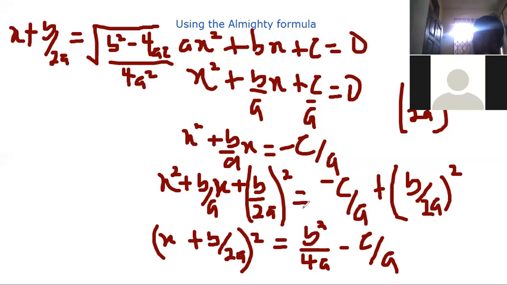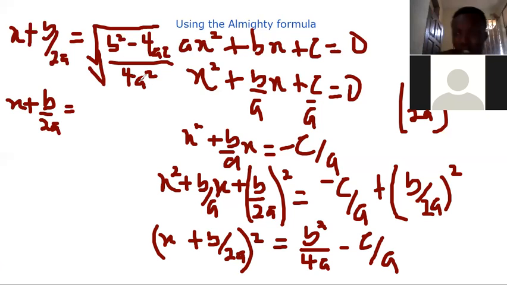When we take out the LCM, that is what we are going to get, all this in root. Now, x plus b all over 2a will be equal to the root, but root of 4a squared will be 2a.